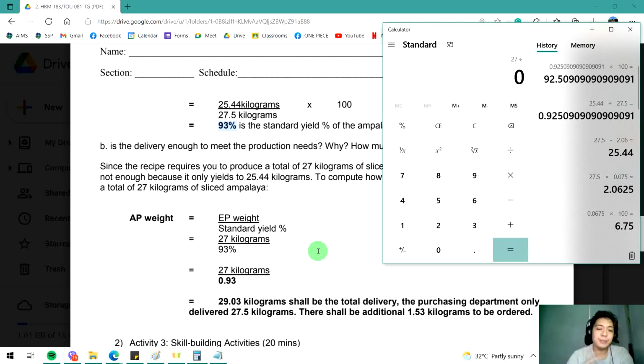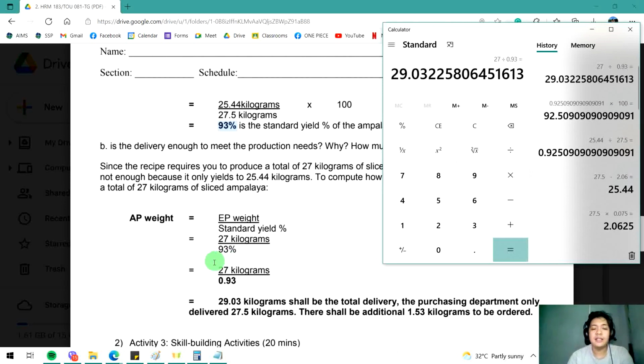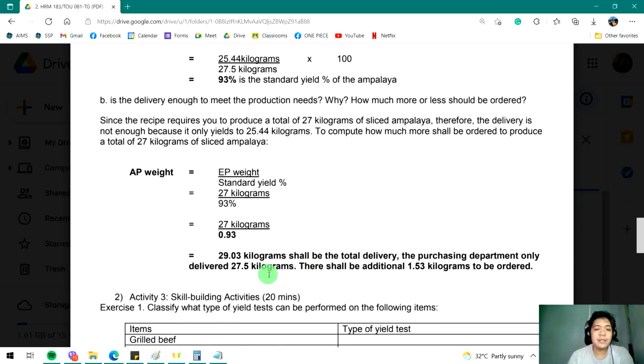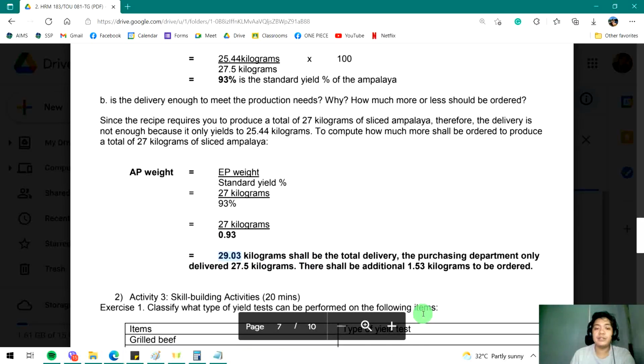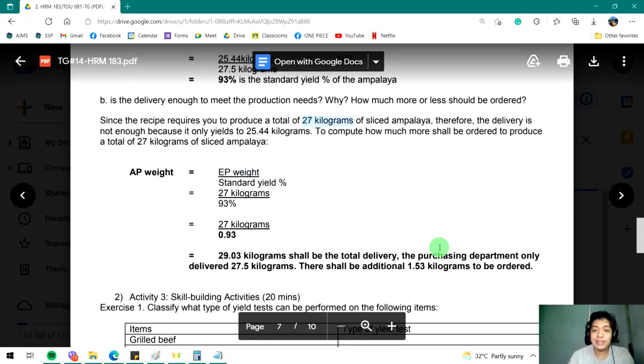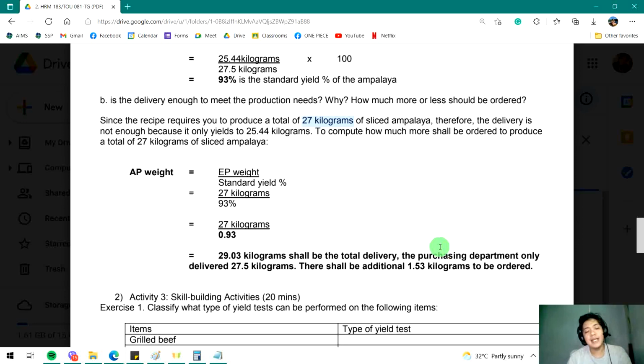Or, again, move 2 decimal places, 93. Ayan. So, ibig sabihin, kailangan meron tayong 29.03 kilograms of ampalaya as AP weight, as purchased, para makapag-produce tayo ng EP weight of 27 kilograms.